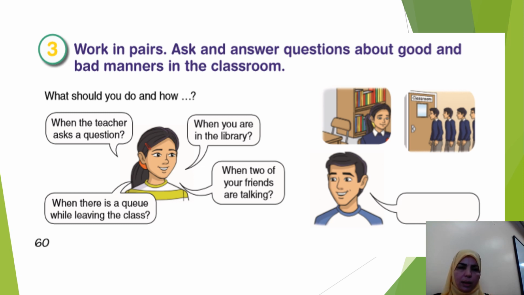I will read the conversation. What should you do and how? When the teacher asks a question, when there is a queue while leaving the class, when you are in the library, when two of your friends are talking.